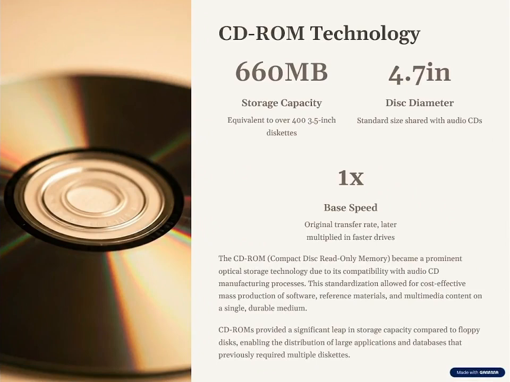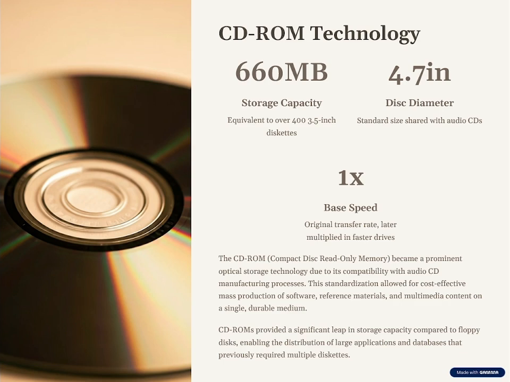Now, still on the same optical technology, we have what we call the CD-ROM. CD-ROM in full means compact disc read-only memory. Most of them will always be between 606 MB and 700 MB.